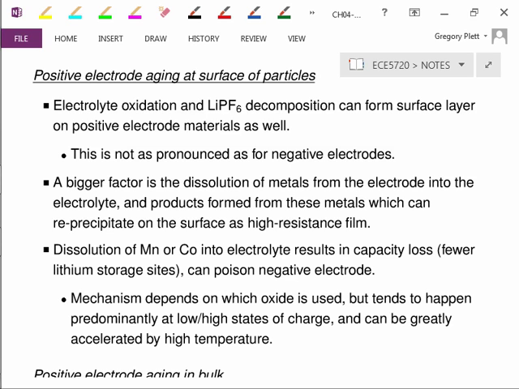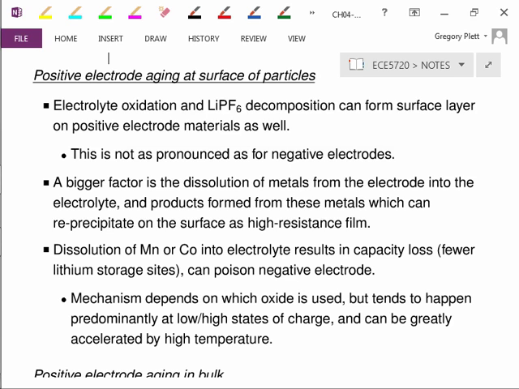And there is some evidence that this happens in positive electrode materials as well, that there is some kind of oxidation that happens, in this case with probably the LiPF6, the salt in the electrolyte, that forms a surface layer, and that surface layer then being resistive and losing lithium capacity in the process.